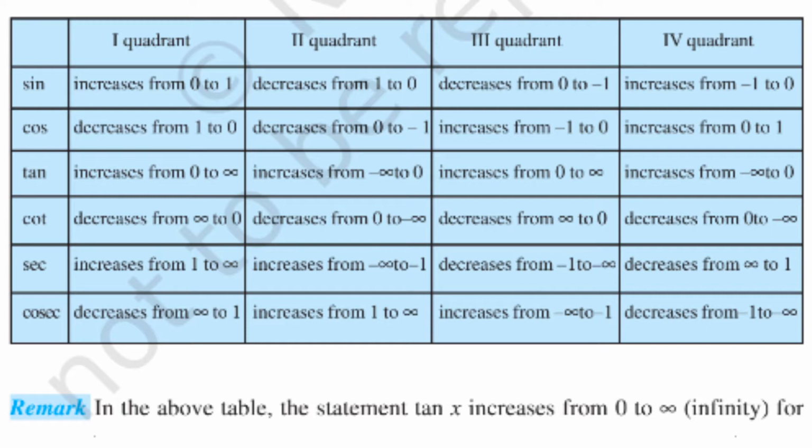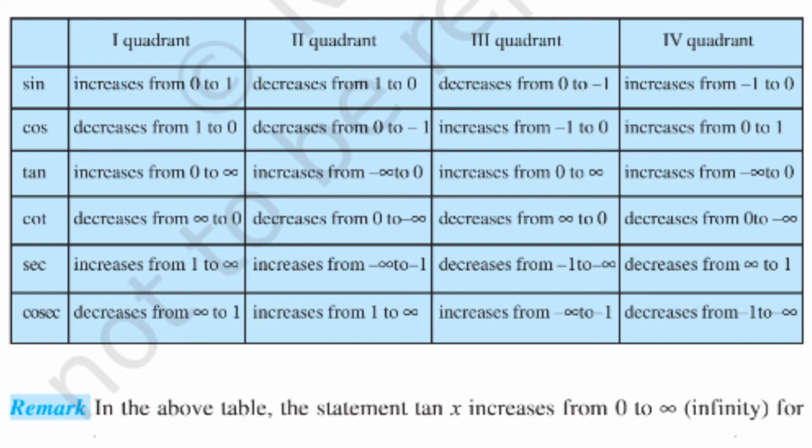Sine 0 is 0, sine 30 is half, sine 45 degrees is 1 by root 2, sine 60 degrees is root 3 by 2, and sine 90 degrees equals 1. So quite obviously it increases from 0 to 1. In the second quadrant it will decrease from 1 to 0. In the third quadrant it will decrease from 0 to minus 1, and in the fourth quadrant it will increase from minus 1 to 0. In this way all these trigonometric functions form their own loops in the graph.